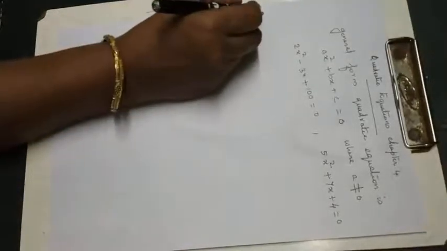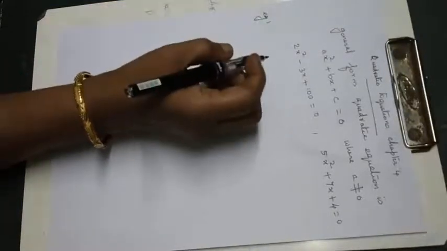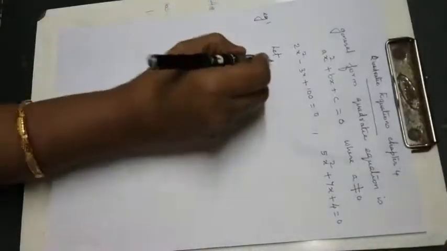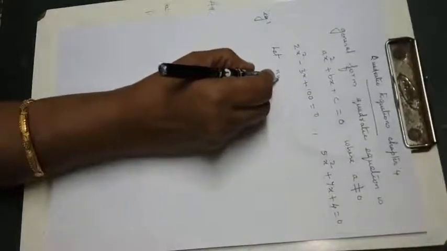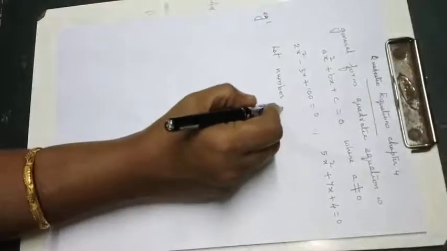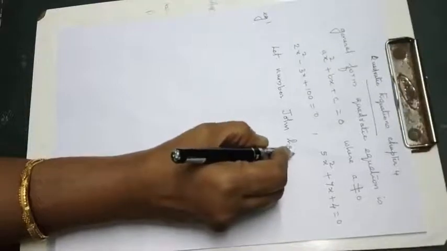So look at example 1, first one, A. John and Jivanti together have 45 marbles. So let the number of marbles John had be x.